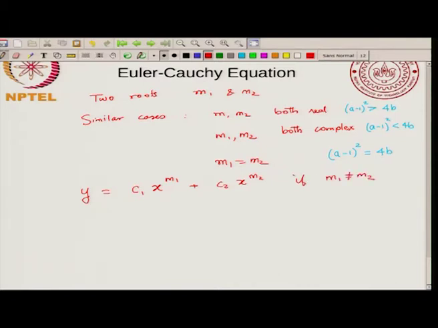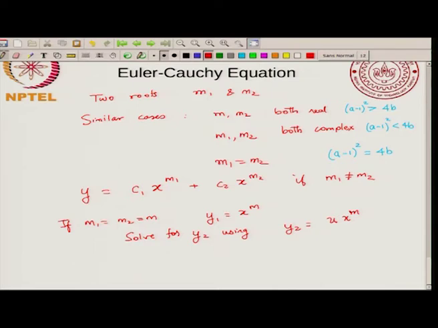If m1 equal to m2, then you find one root and you get the other solution by variation of parameters. So if m1 equal to m2 equal to m, then y1 equal to x raised to m, and when you solve for y2 you take y2 equal to u times y1, or u times x raised to m.